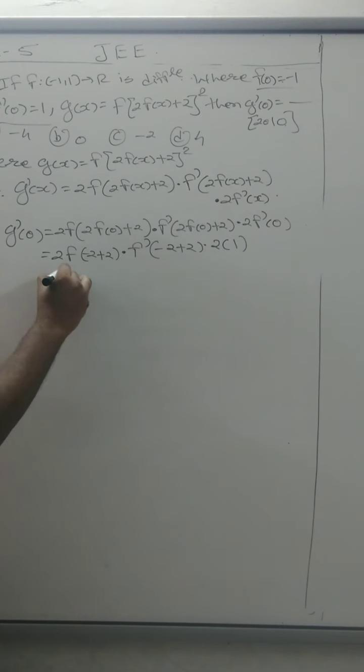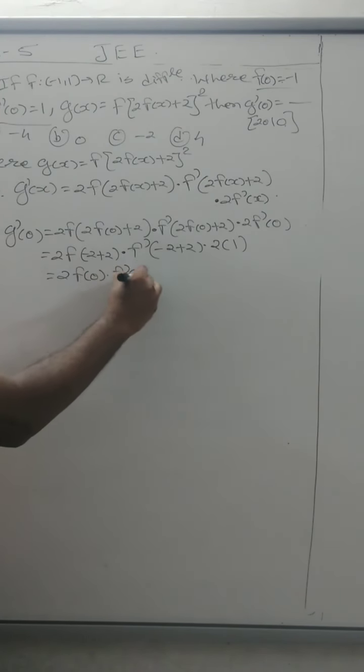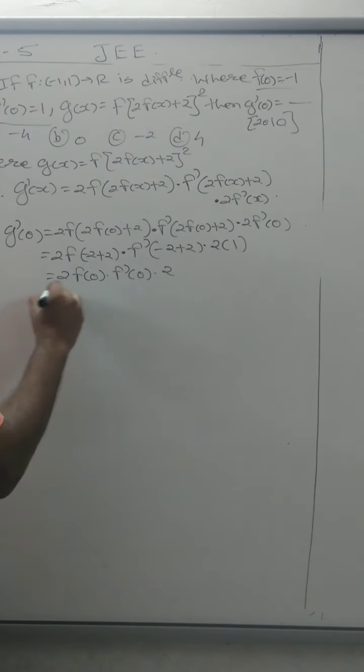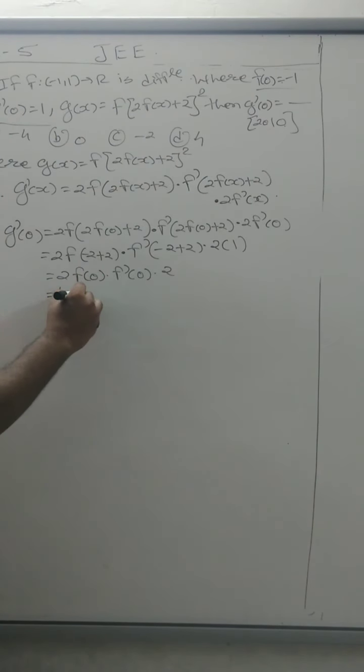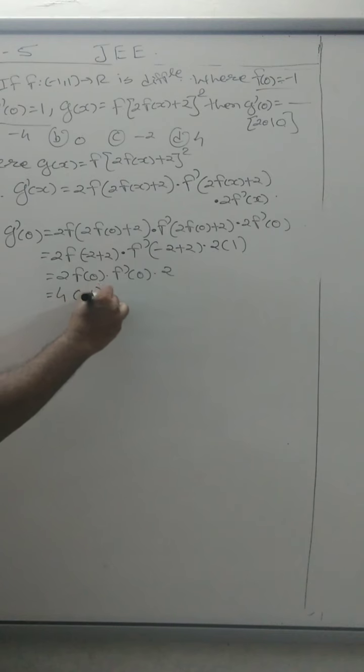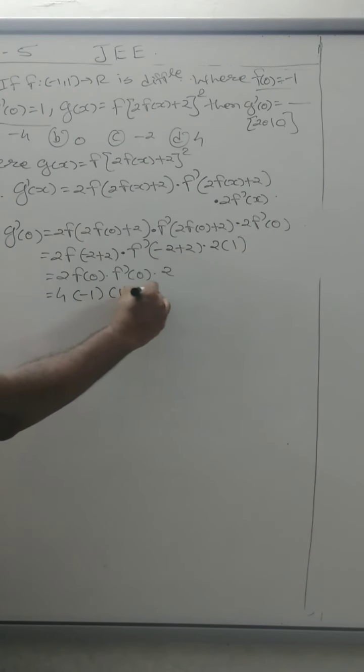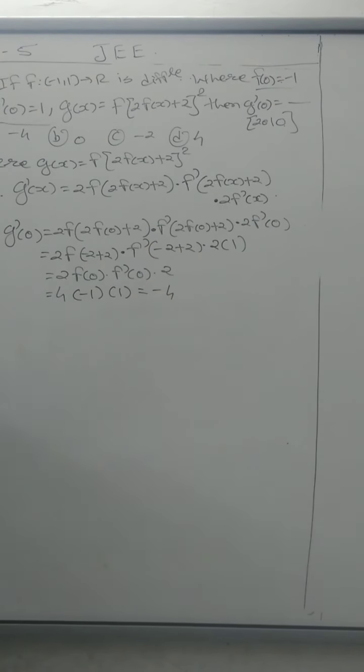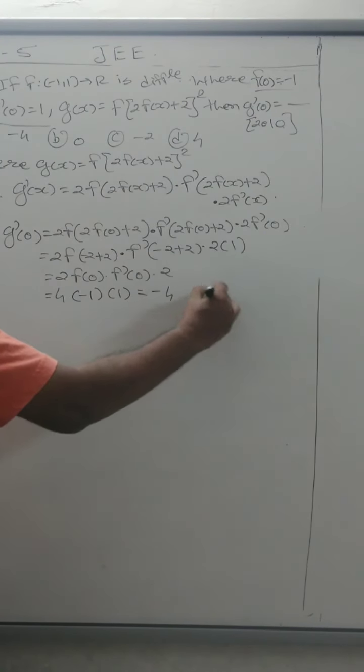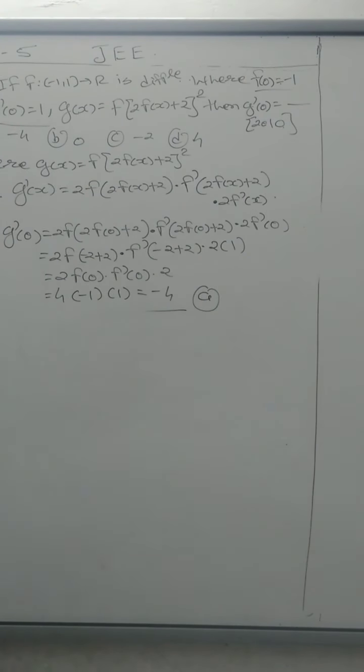So we have 2 f0 into f dash 0 into 2. This is 4. F dash 0 is minus 1 and f0 is 1. So our ultimate answer is minus 4. Okay, so this answer is minus 4 according to the given data and it is A. So this way we complete our 24th sum.